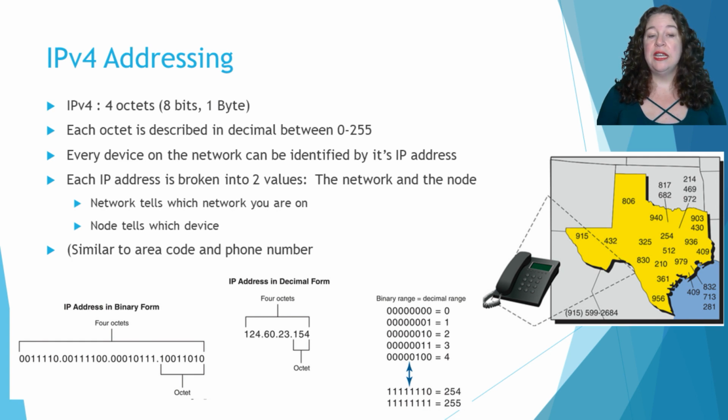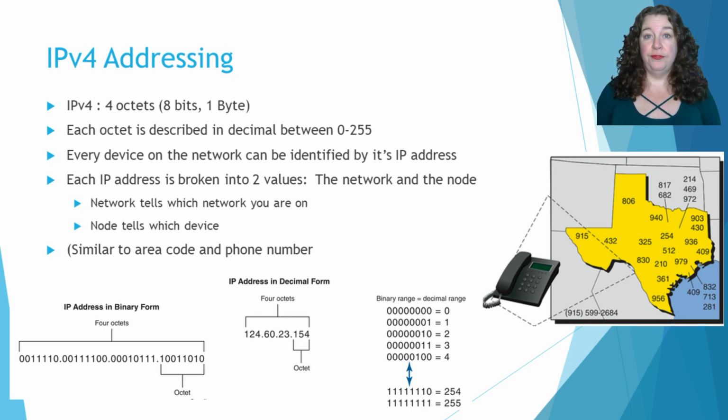So as you can see in the binary form, you're looking at 8 numbers, zeros or ones, that form up to the number 256 in decimal. Most people don't read in binary, so we turn everything into decimal so that you can read it easier. And you can see the binary range down at the bottom. We start from all zeros and then we slowly work our way up to all ones, which is 0 to 255. Okay, so recognizing that an octet, 8 bits, is 0 to 255.